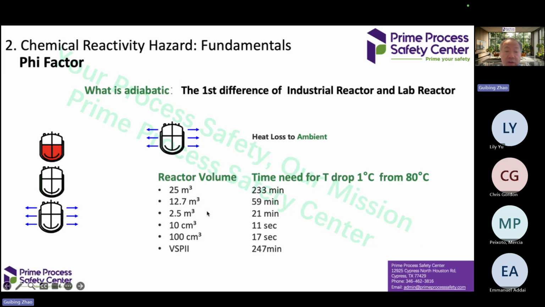For a 12.7 cubic meter reactor, about 1 hour. For a 2.5 cubic meter reactor, 21 minutes.